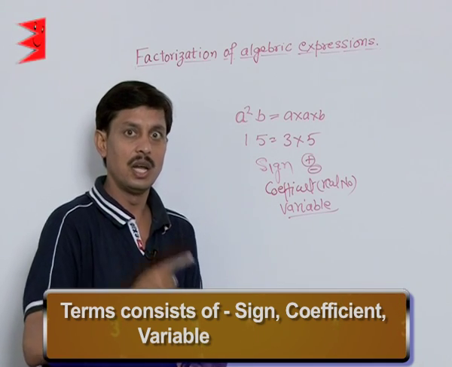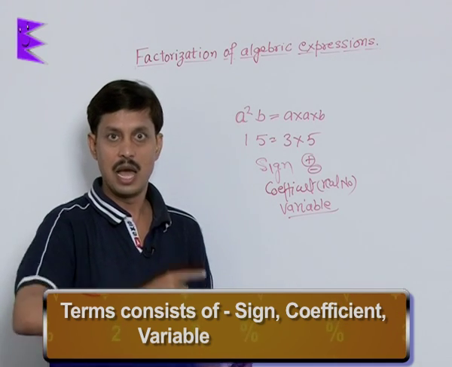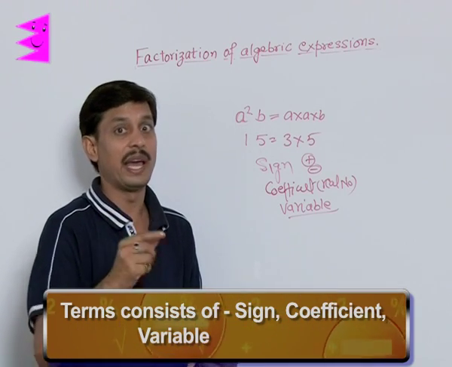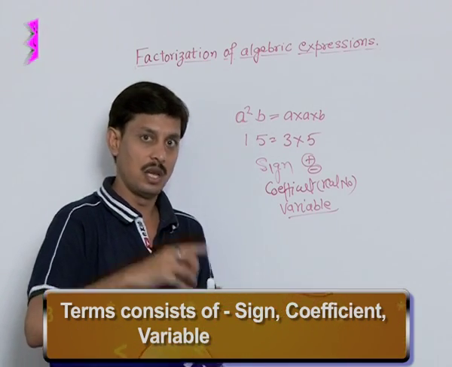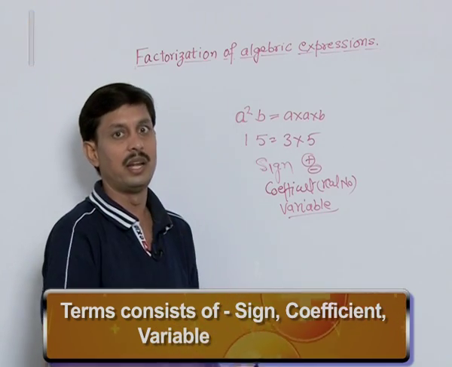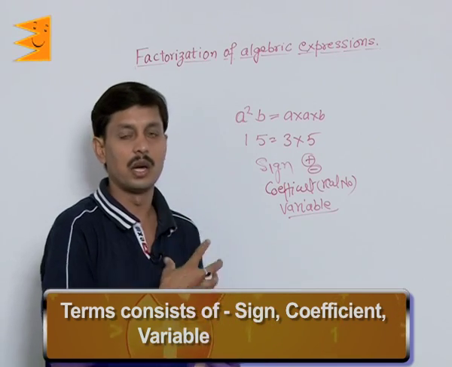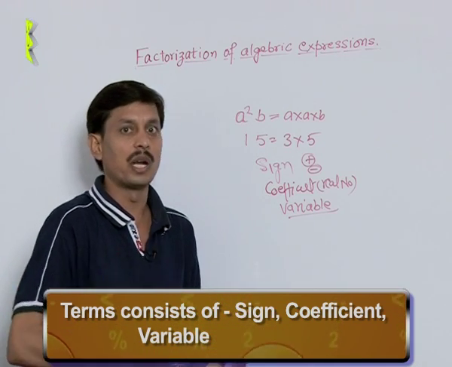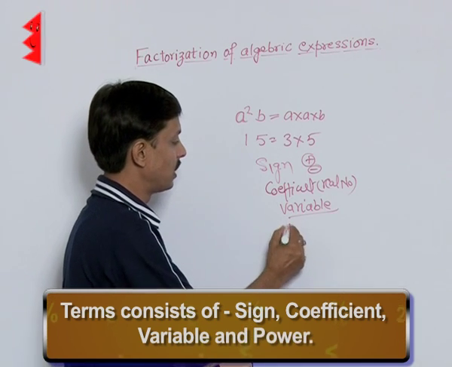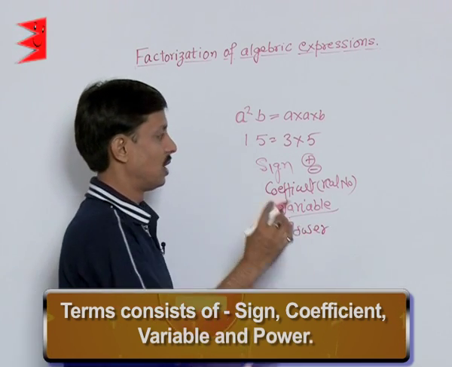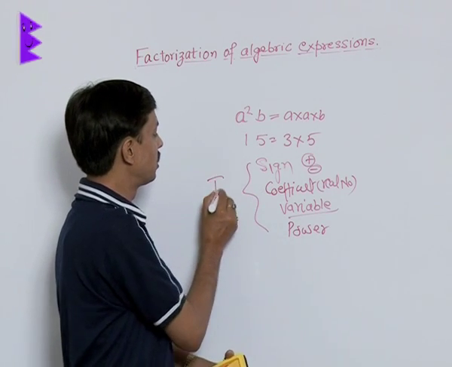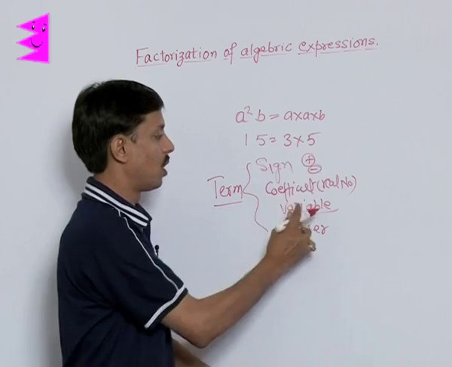So 3 is the coefficient of x. x is known as the variable because in any kind of algebraic expression, identity or term, the value of x can change. And the fourth is the power. So a term needs these four things always.